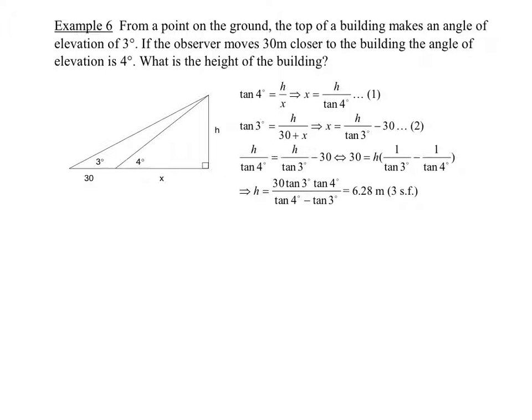There are some more complicated things that have happened here, but what we get in the end should be this expression, 30 tan 3 tan 4 divided by tan 4 minus tan 3. It's basically just the 30 divided by this expression here, and that gives us 6.28.